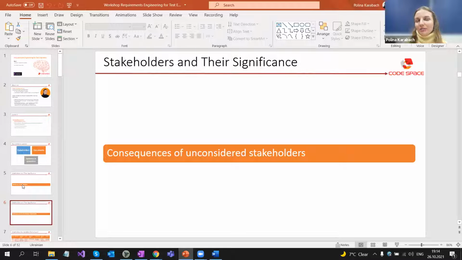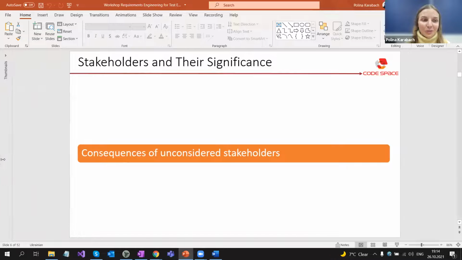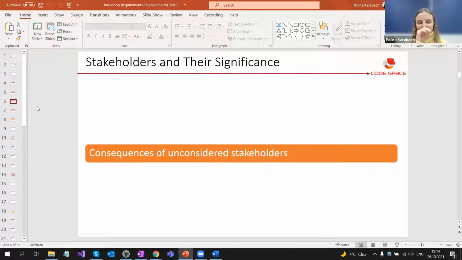And if we don't consider, we don't involve somebody, what can it lead to? What do you think? What can be a consequence? We can create something that no one wants to use. Yeah, it's when we are neglecting or don't take into account the needs of our users, for example. It can be that we create something that nobody wants.